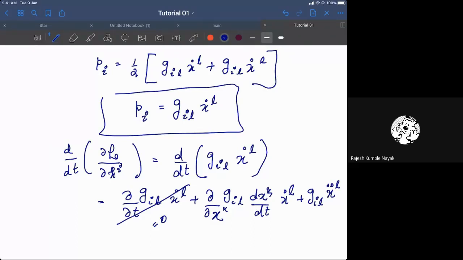So in fact the Lagrangian itself is conserved in this case. L is also equal to E, which is also equal to kinetic energy. So we can always normalize.